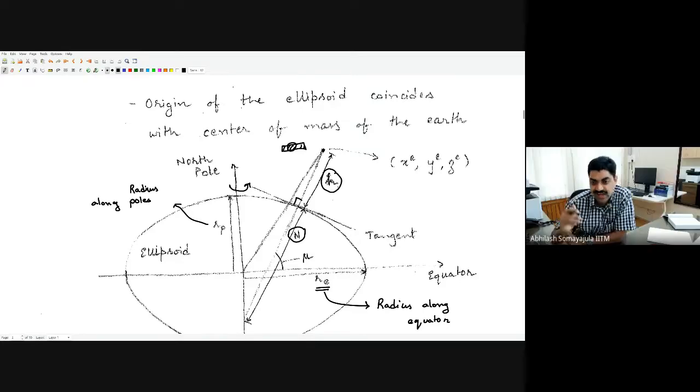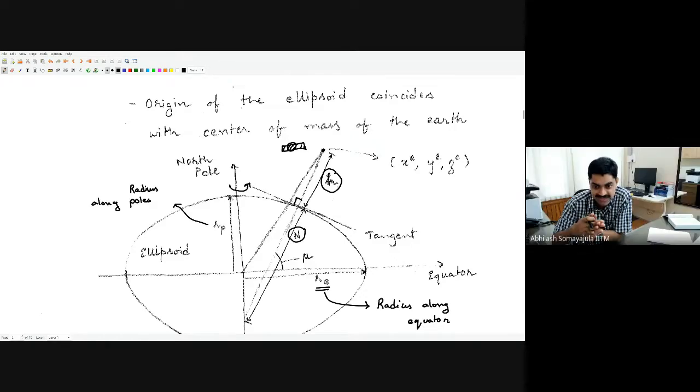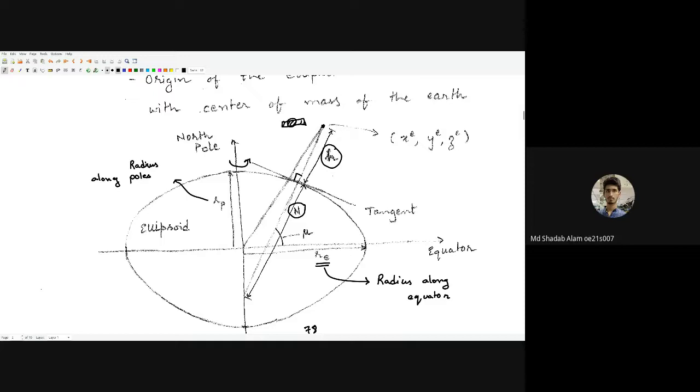Okay, so this is the height of the object above the tangent plane to the WGS 84 ellipsoid. That is what I want to find out, and it is the perpendicular distance from that plane where we are standing. Everybody clear on the convention so far? It's not that complicated, it's pretty simple, isn't it? Yes, sir.